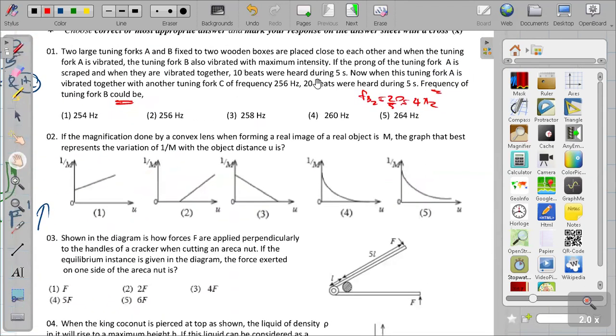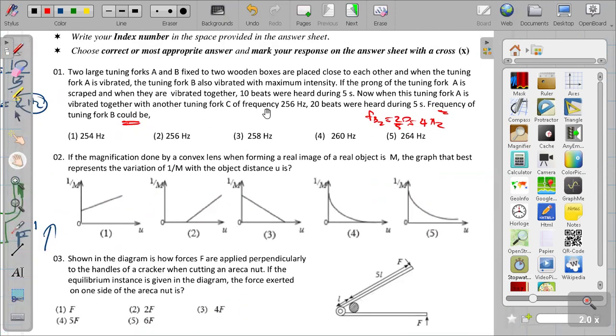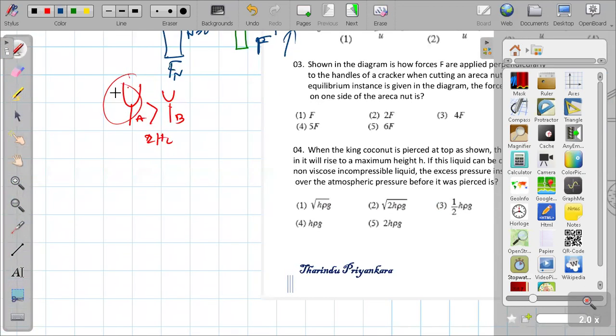Now in the next one, tuning fork A is vibrated together with another tuning fork C, with frequency FC of 256, and you let it oscillate. You can hear a 4 hertz difference. With tuning fork A, this negative means this is 252.